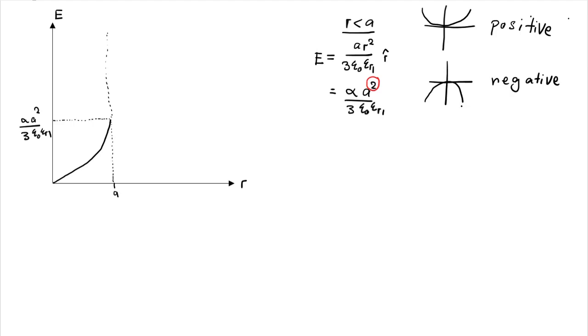And we still have a second dielectric material that we need to talk about, which was between A and B. So how do we find the first value for this?